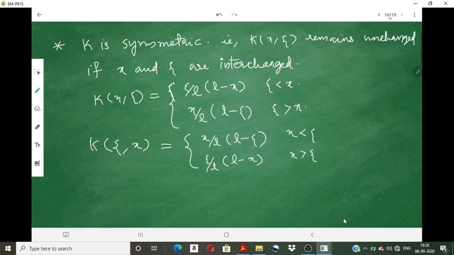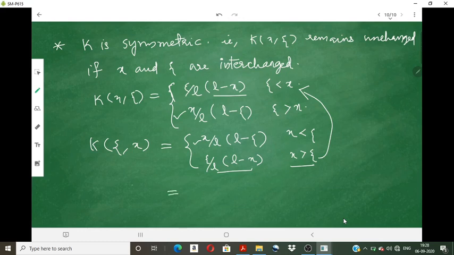That is the same, since x greater than theta means theta less than x. So when theta is less than x, we have theta by L into L minus x, both are the same. And when theta is greater than x, we obtain k of theta, x as x by L into L minus theta, and here also when theta is greater than x we have x by L into L minus theta.